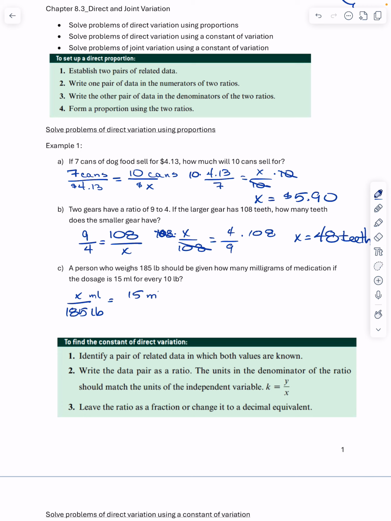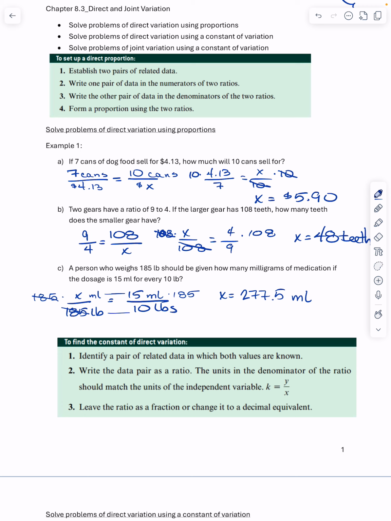So 15 milliliters for every 10 pounds. Again, milliliters, milliliters, pounds, pounds. I want the X by itself, so I've got to get rid of the divide by 185 part. We multiply by 185 on both sides. And we get that X equals 277.5 milliliters.